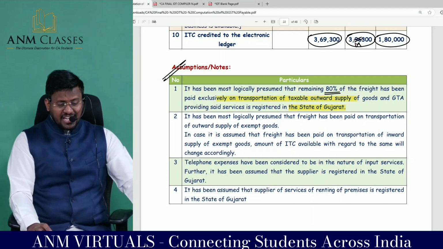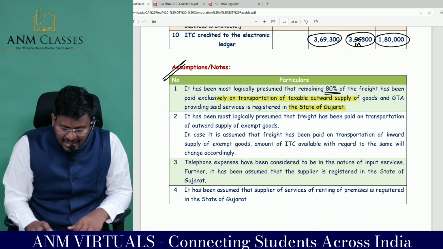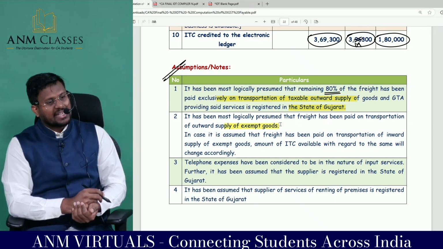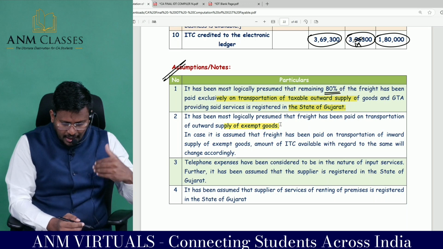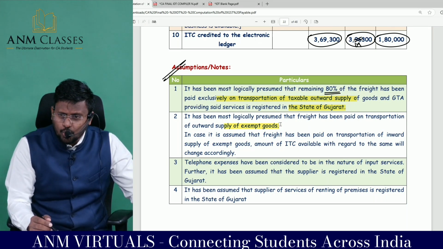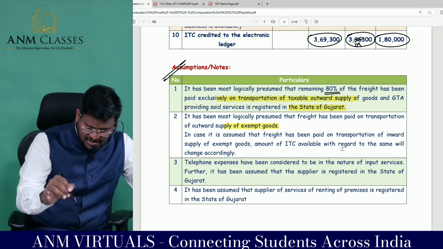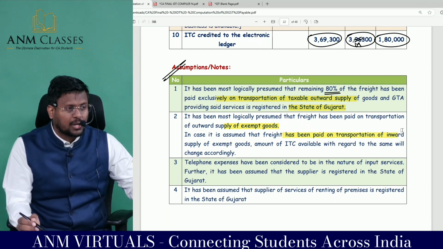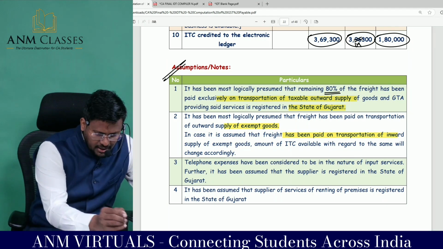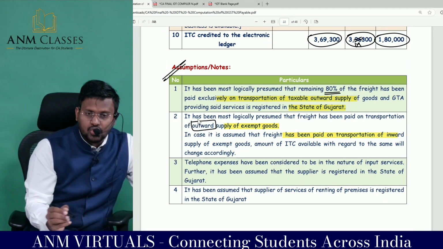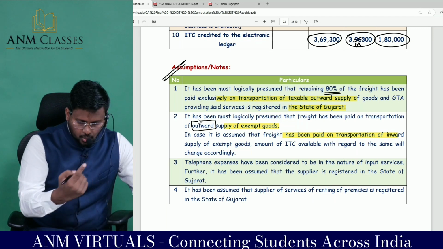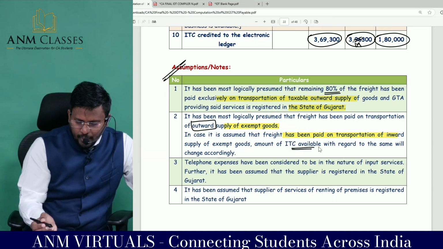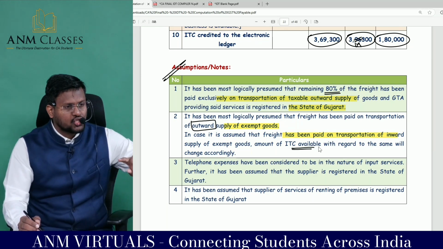Assumption number 2. It has been most logically presumed that freight has been paid on transportation of outward supply of what goods? Exempt goods. In case it is assumed that freight has been paid on transportation of inward supply of exempt goods, the amount of ITC available with regard to the same will change accordingly.